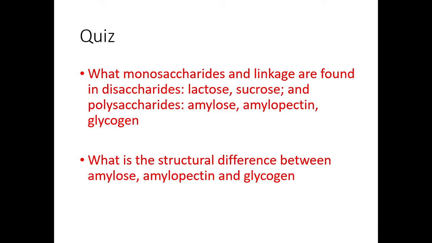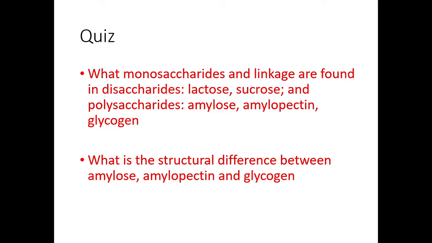You also need to know that amylose and amylopectin are the polysaccharides that are used by plants. Glycogen, however, is used by us, by animals and human beings.